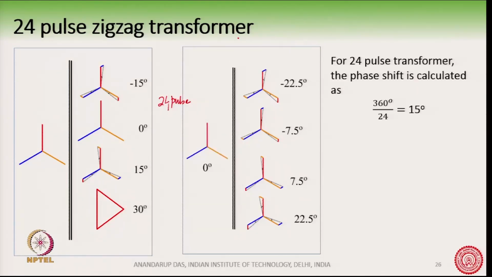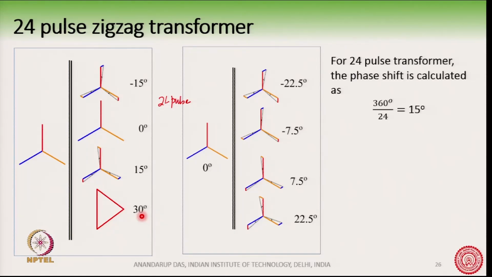We can assume the star as 0 degree. So, we can have one star connected transformer secondary having a 0 degree phase shift. Then we will have minus 15 degree, plus 15 degree or 30 degree. Of course, 30 degree we can have with the delta. So, we need 4 transformers whose output voltages are phase shifted by 15 degrees.